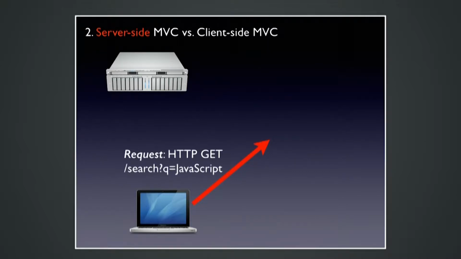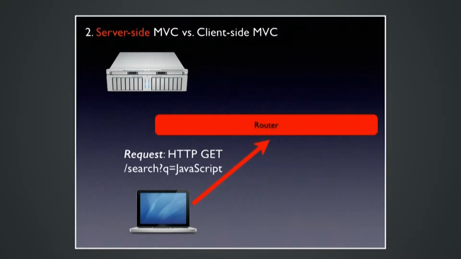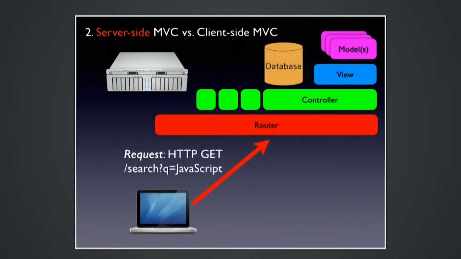So what happens when that request comes up to the server? We have a router that is catching that request. And that router, as the name implies, is deciding where it should send that request. It's choosing one of many controllers, and once it hands it off to the appropriate controller, there's probably a function call inside of that, and that function can reach out to a database.